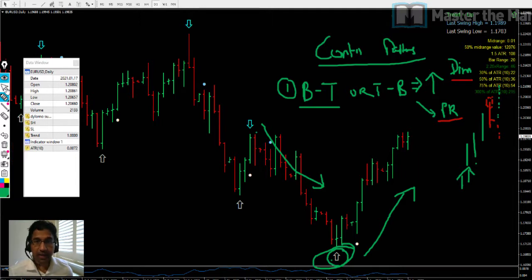The second thing, then, in terms of the continuation pattern, you may be asking, why should I trade that? I think by now some of you might have already figured it out, because this is a momentum based trade. So we're using the force of our current momentum to take us more forward if there is move left.